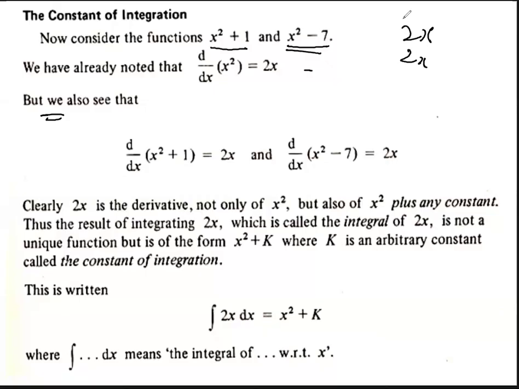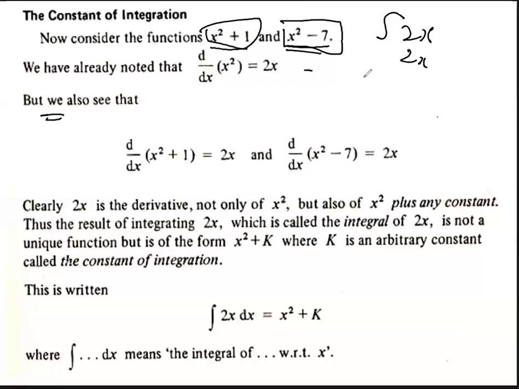So when you integrate 2x, it's possible that the original function is x squared plus 1, and it's also possible that it's x squared minus 7.